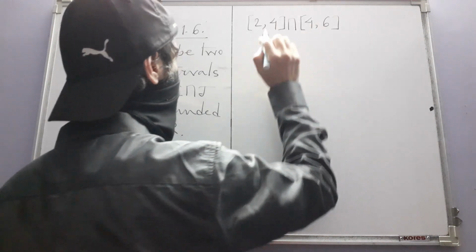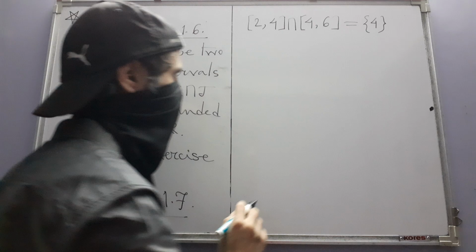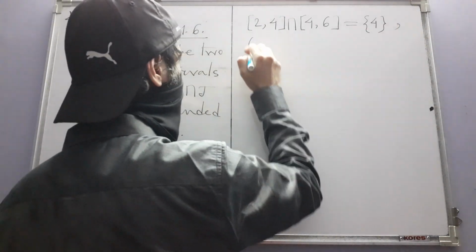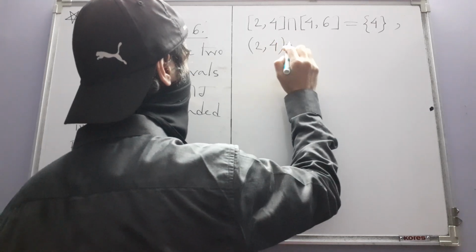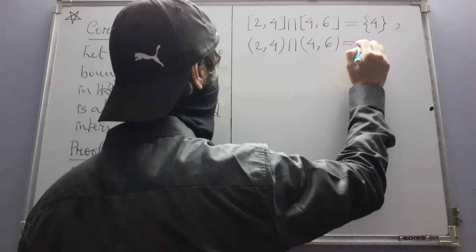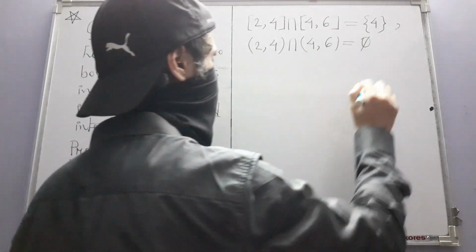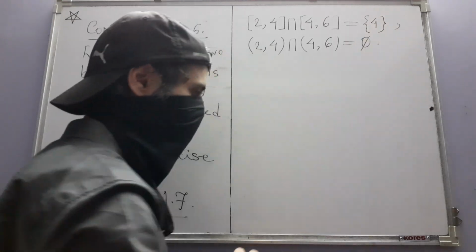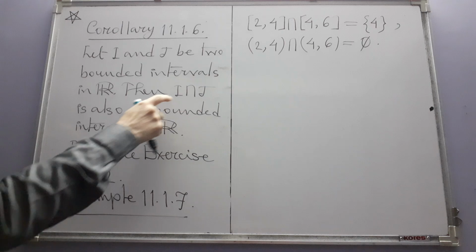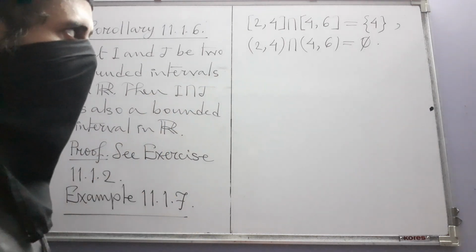Then their intersection is the singleton set 4, which is also a bounded interval. Similarly, the intersection of these two bounded intervals is empty because they are disjoint. There is no common real number. That is also a bounded interval. Both of these are degenerate, but after all they are bounded intervals, illustrating this corollary that the intersection of any two bounded intervals is also a bounded interval.